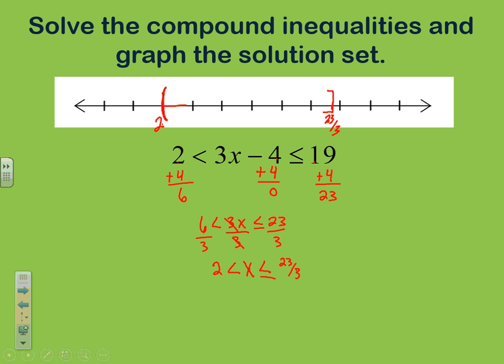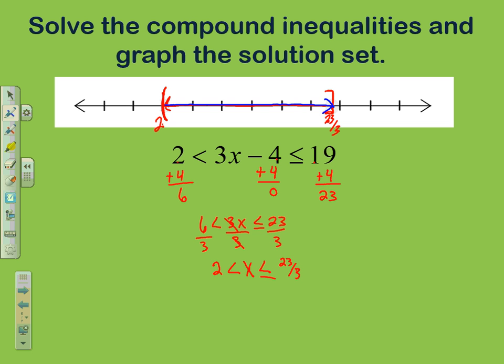Same thing at the 23 over 3. Since x has to be less than that, we open the square bracket in the direction that x has to go. So one goes this way, while the other one goes this way.